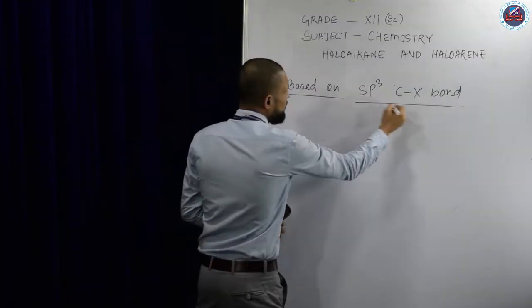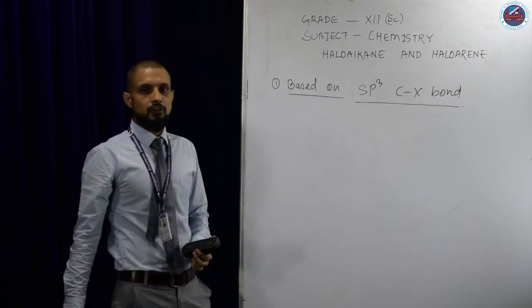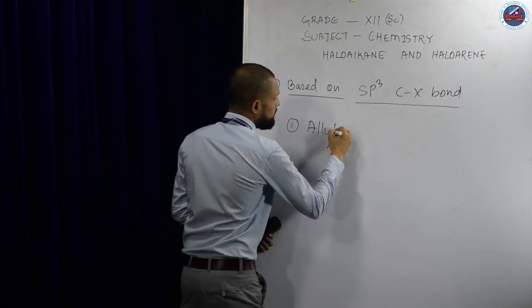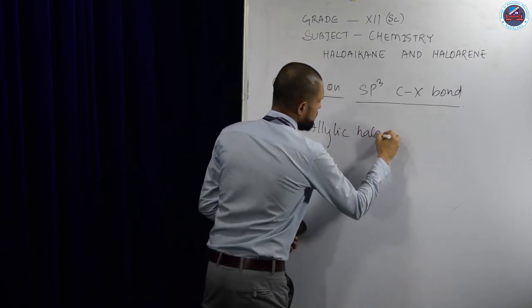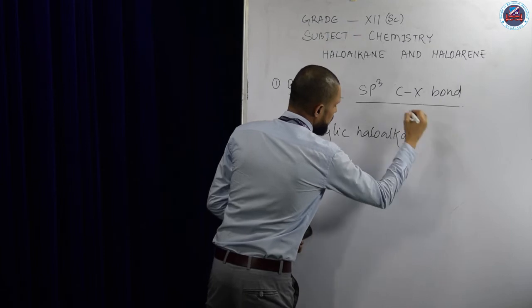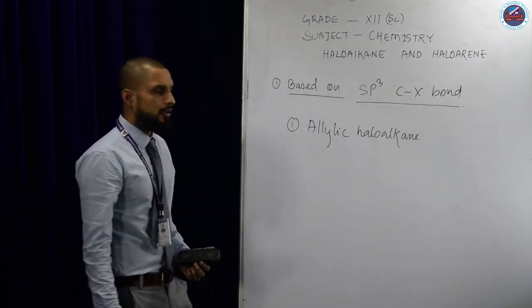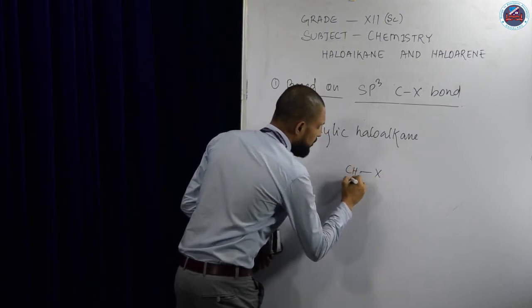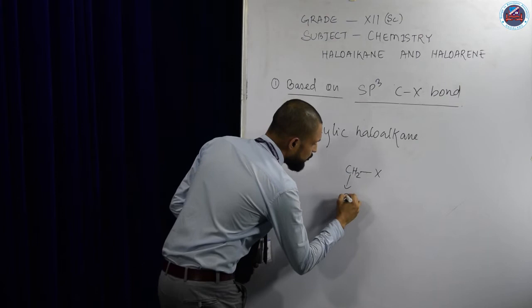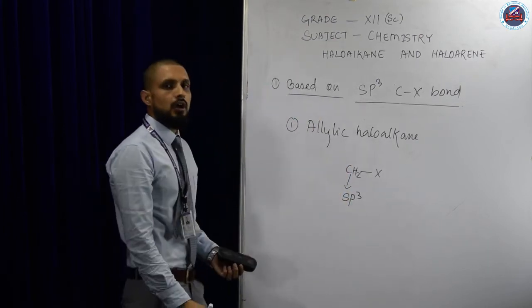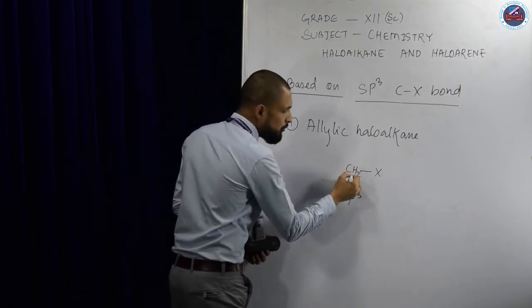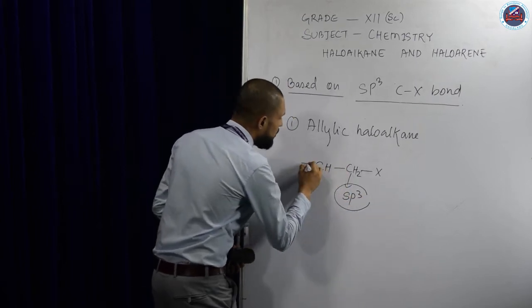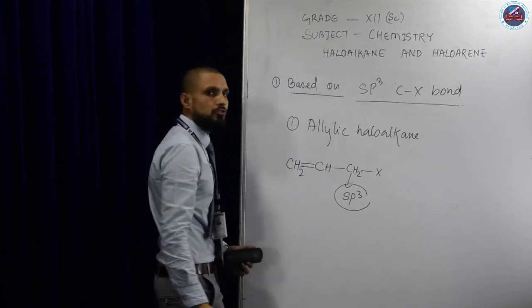Under the same heading, let us see the next set of classification, that is allylic haloalkane. So in allylic haloalkane, the halogen atom will be attached to a carbon which uses sp3 hybridization. But the carbon which uses sp3 hybridization will be followed by a carbon which uses sp2 hybridization.